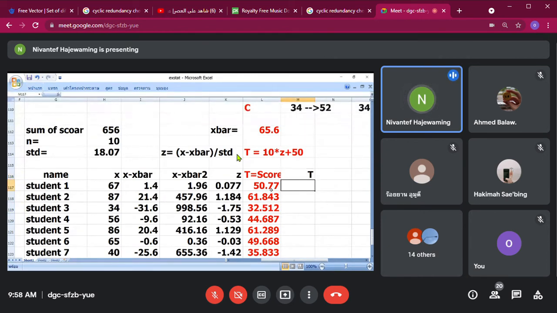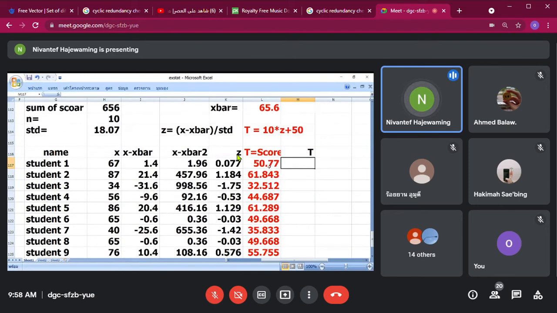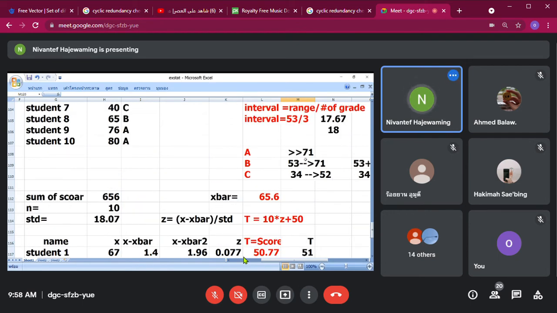This 50.7, we can change to 51. It depends on you. This one you can use 61 or 62, right? This one, 33. You can use the full number, not the decimal, because if you use decimals, when you grade it, it is hard to do.